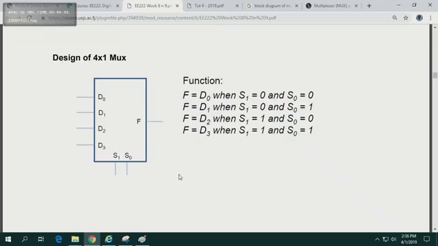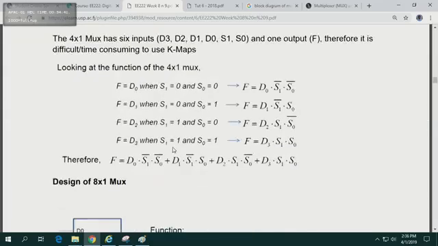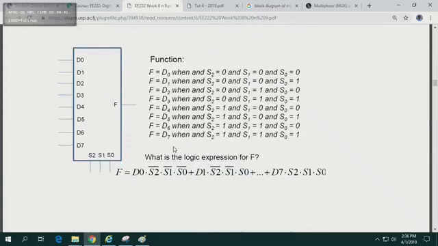Now similarly, if somebody asks you to downgrade this 8-1 multiplexer so that it should only handle 4 lines of data, what you will do is just take selector line 2, the most significant selector, and make it permanently 0.